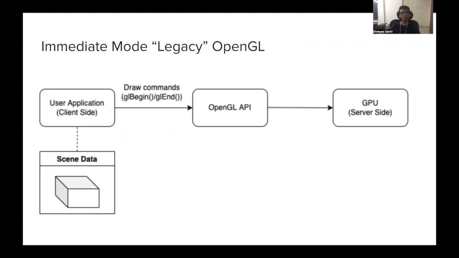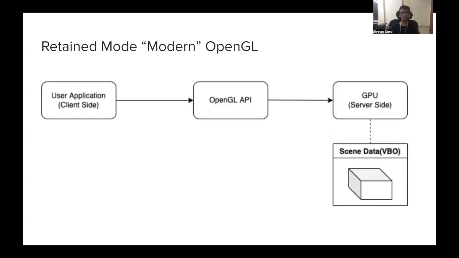And this data would be transferred one command at a time using draw commands, such as glBegin and glEnd, and transmitted to the GPU. However, this is inefficient because it required a lot of function calls to be made to the API to transmit that data from the CPU to the GPU. Instead, developers have opted to use what is called retained mode or modern OpenGL.